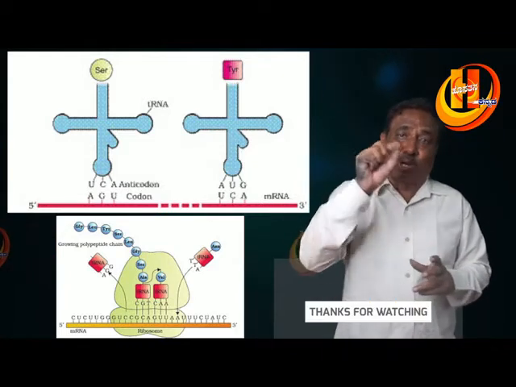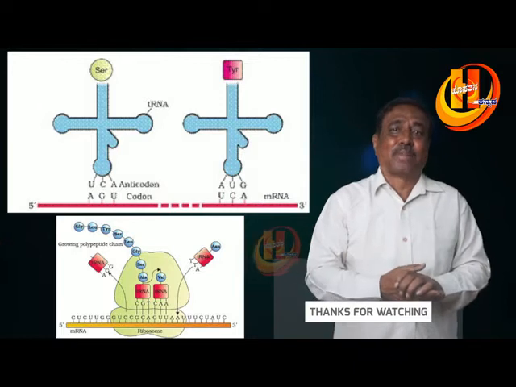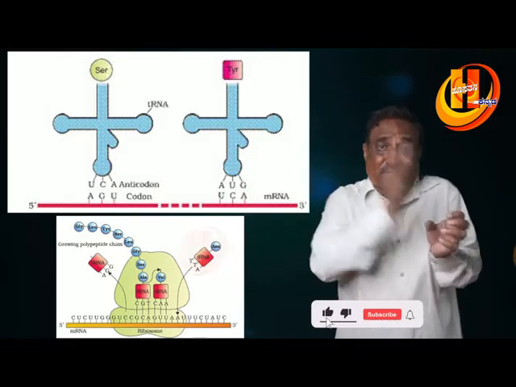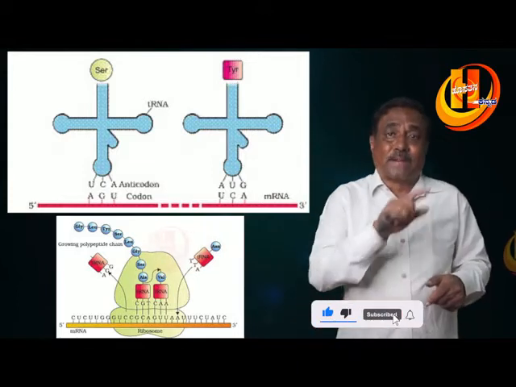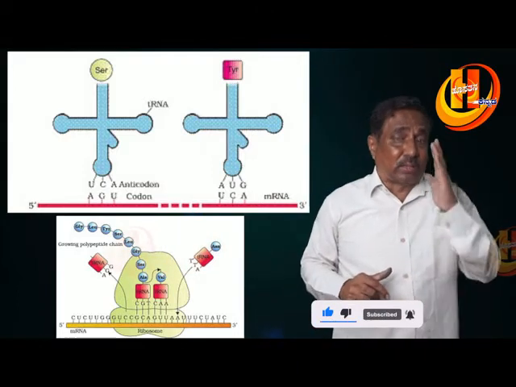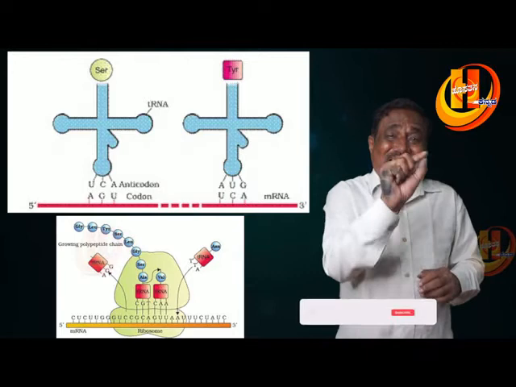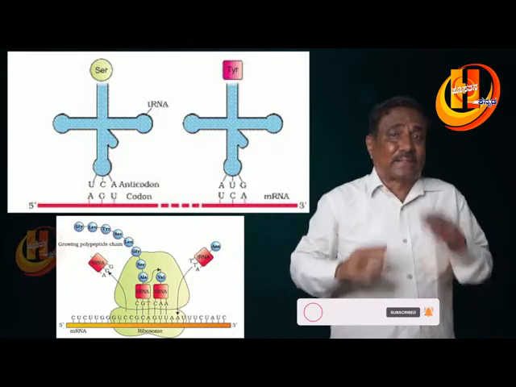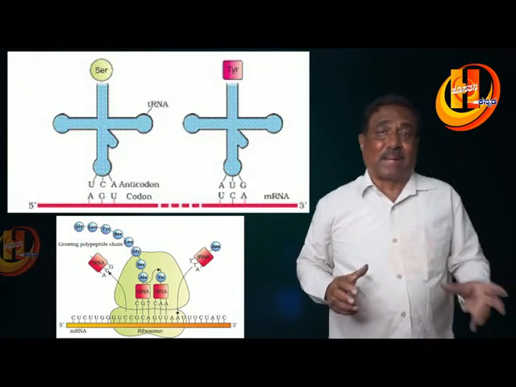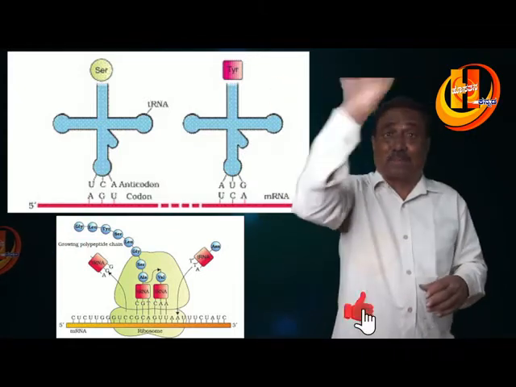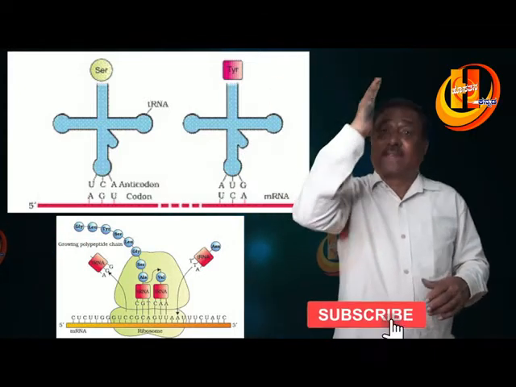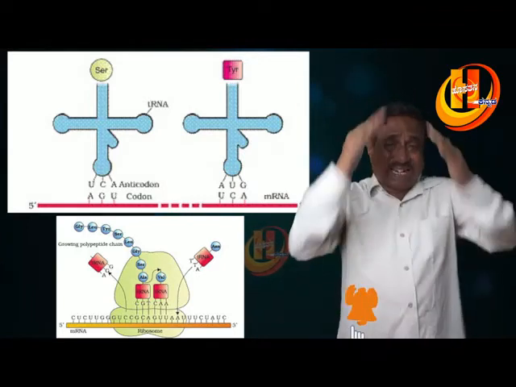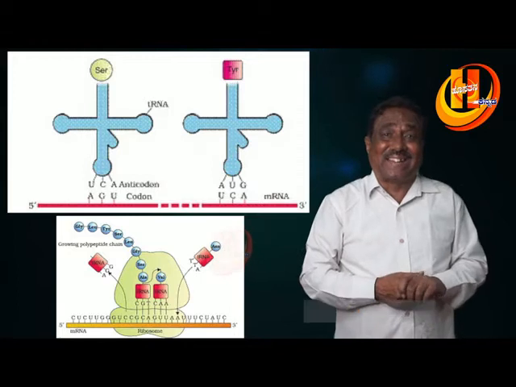It is the amino acid synthetase which activates the tRNA and facilitates the attachment of amino acids after knowing the codon. So the genetic code begins with AUG, and the anticodon UAC brings a particular amino acid, methionine. The tRNA is activated by the amino acid, and this facilitates the attachment of methionine at the site of amino acid attachment. This is called initiation.